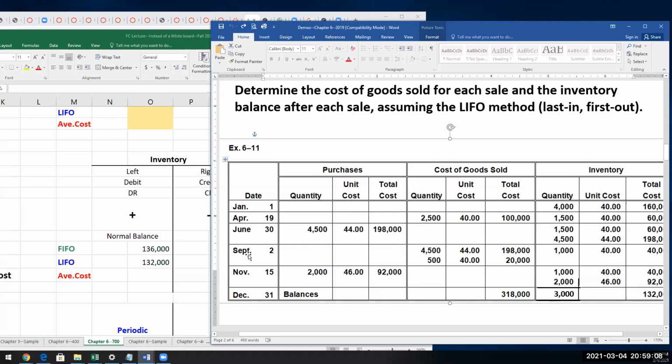It matters in real life, but it's in the same fiscal year. When we do periodic, they'll assume that all sales were made during the same month or whatever.